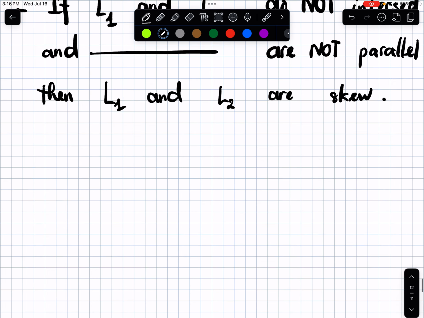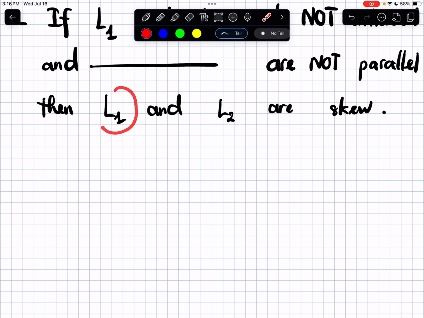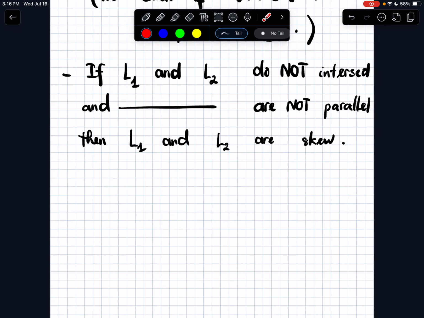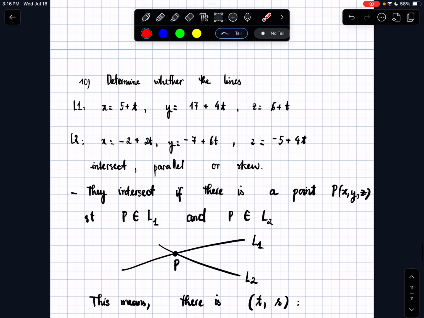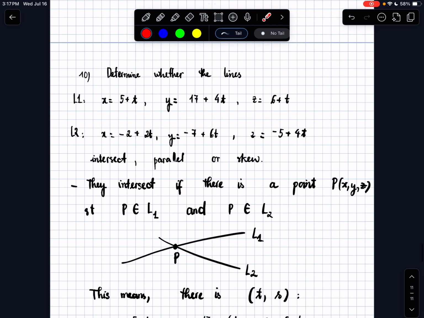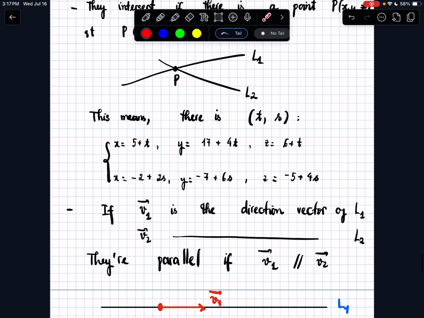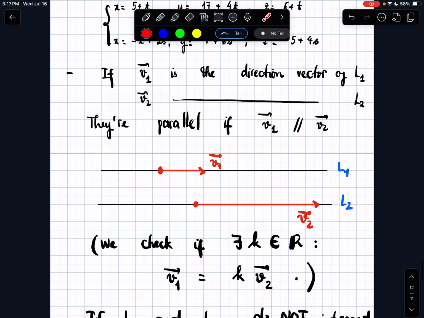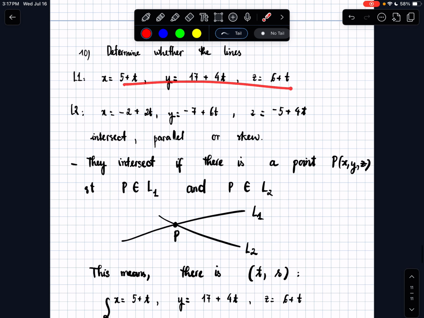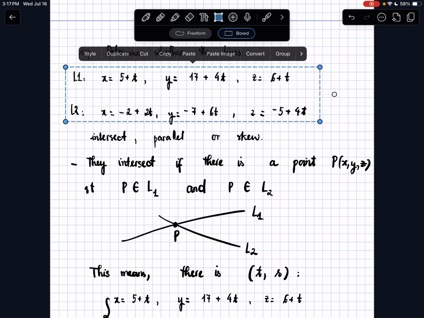So actually they lie on different planes and they don't intersect. Okay, so for this example, it is easier to check whether they are parallel first, because the direction vector can be seen directly from the equation, and we can check whether the two vectors are parallel or not.